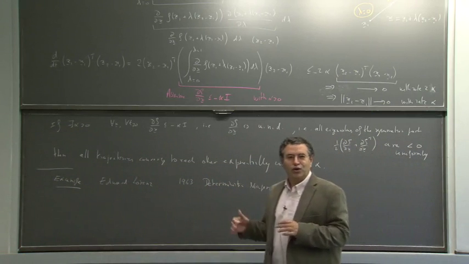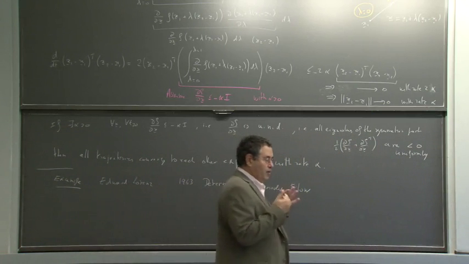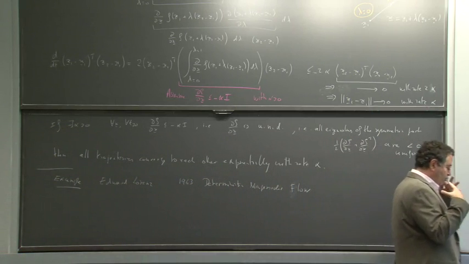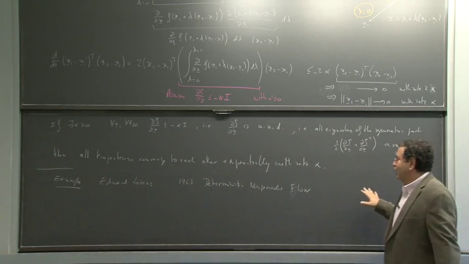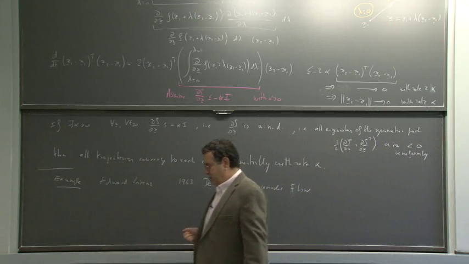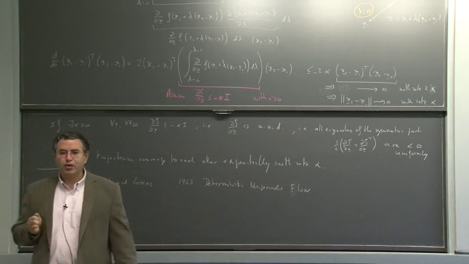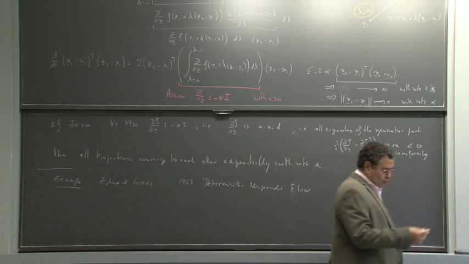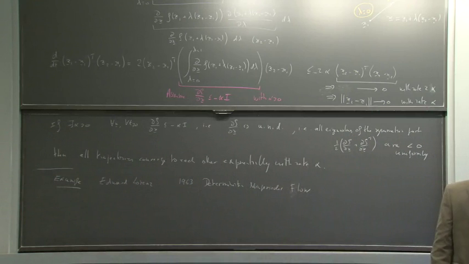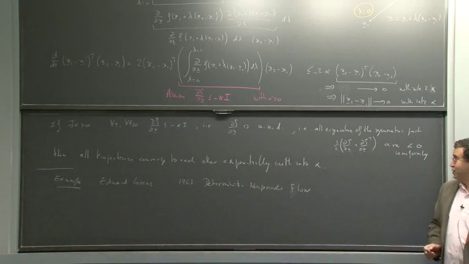He wrote this model, which is now called the Lorenz attractor, based on a simplification of the Navier-Stokes equation. If you look at the citations after 1963, almost nobody paid attention.